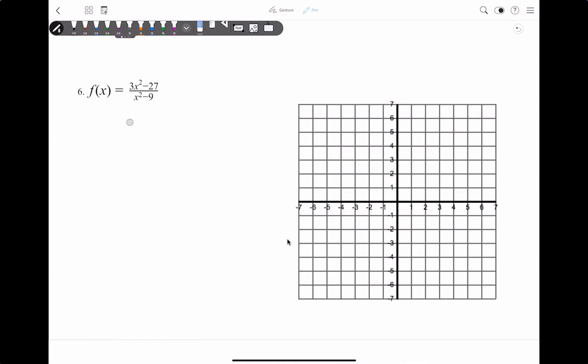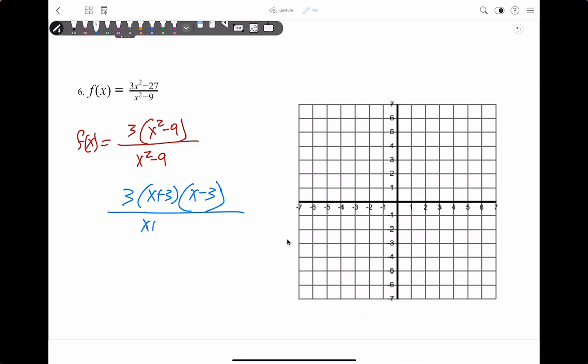So we have the GCF of 3 that can factor out from the top, and I have a difference of squares on the bottom. Okay, so this right now is not yet fully factored. It will be factored fully when I see the difference of squares, x plus 3, x minus 3 up top, and then x plus 3 and x minus 3 on the bottom. Okay, this is my fully factored form.